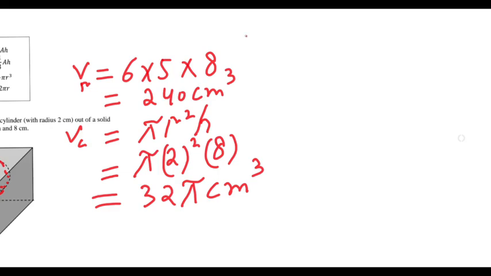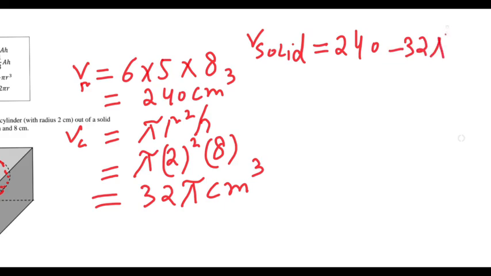So the volume of the solid is equal to the volume of the rectangular prism, which we got, 240 centimeters cubed, minus 32 pi centimeters cubed. 240 minus, I need to open up the pi, 32 pi, that will be 100.53, and I use my calculator.